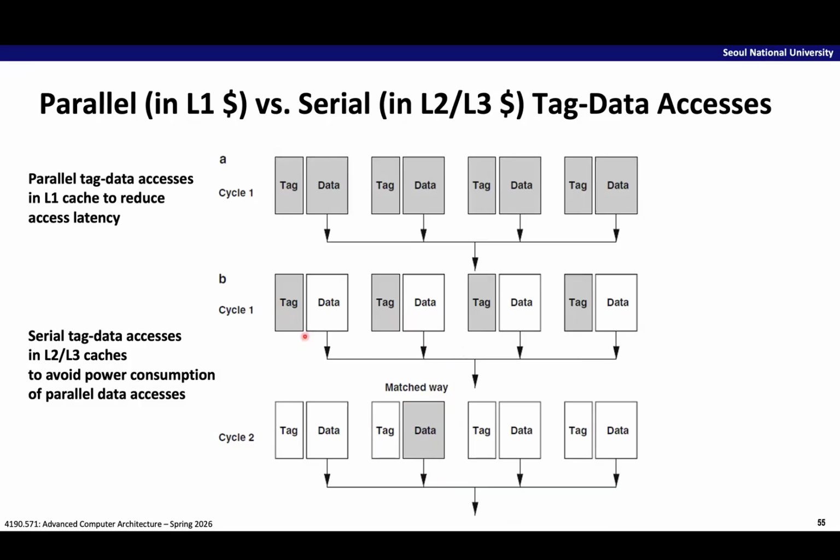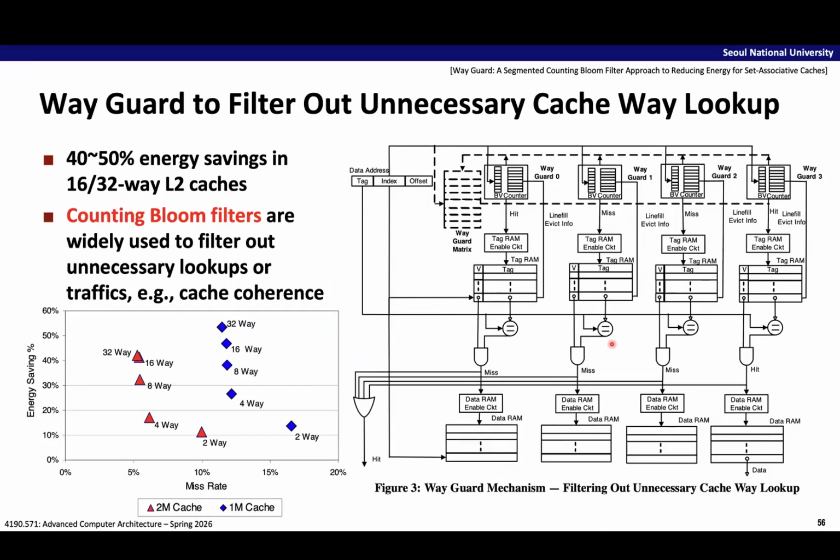But even in this case, in case of highly associative caches, the number of tags will be large, like 16 or 32. In that case, the tag access power will be similar to or larger than the data access power. So in such a case, we need a method like counting Bloom filter to reduce tag memory access.